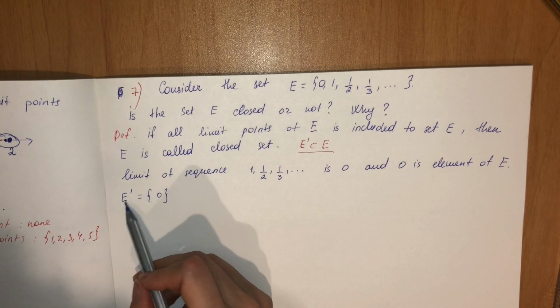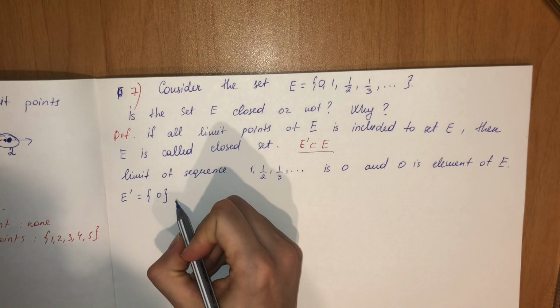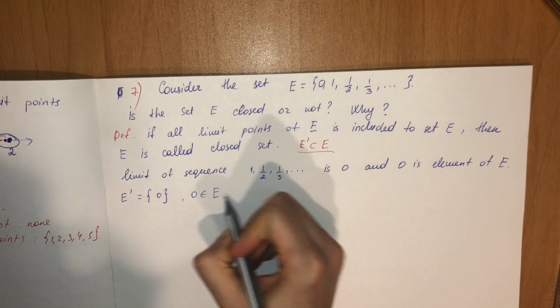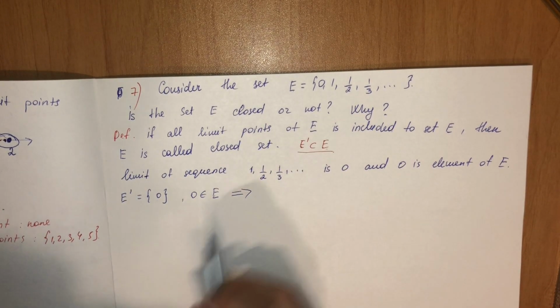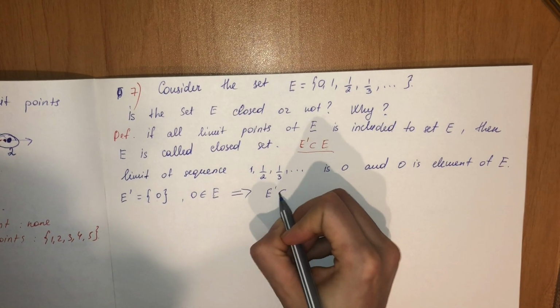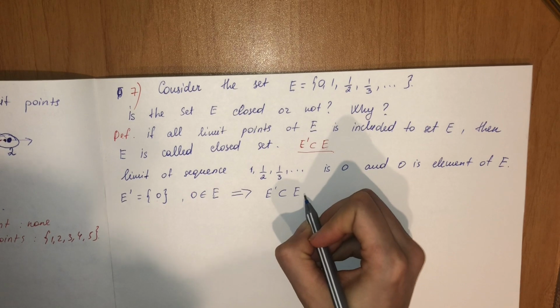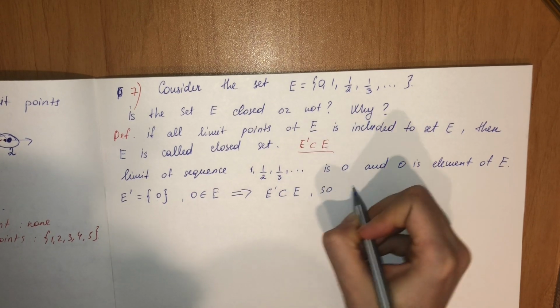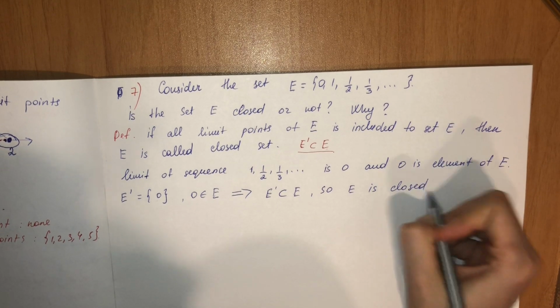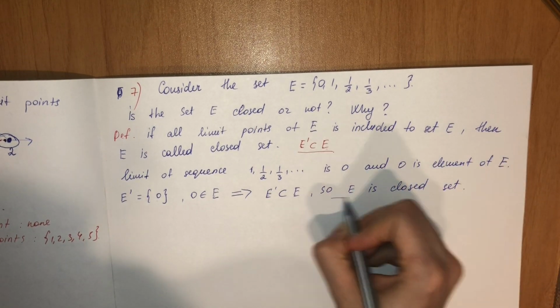It is the set of limit points, and 0 is from E. So therefore we can write that E prime is a subset of E. So E is a closed set. We proved it.